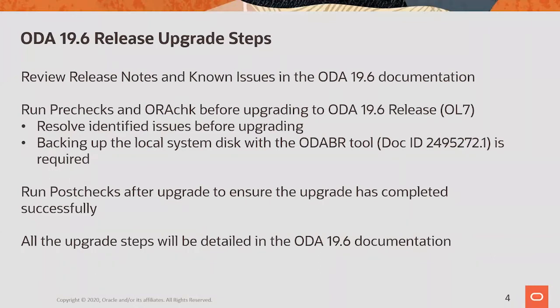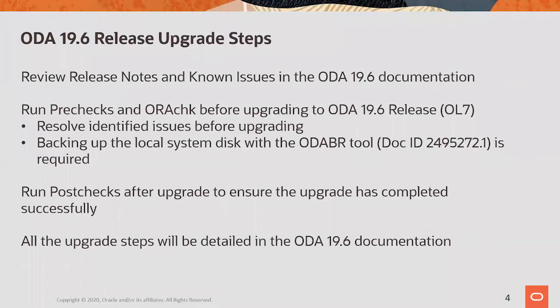But even if you do run into issues after that, we want you to have the ability to quickly recover yourself to the pre-patch state with this ODA BR. What the ODA BR does is it takes a snapshot of your local system disk and keeps that copy on the system disk so that it could easily revert back to the pre-patch state.